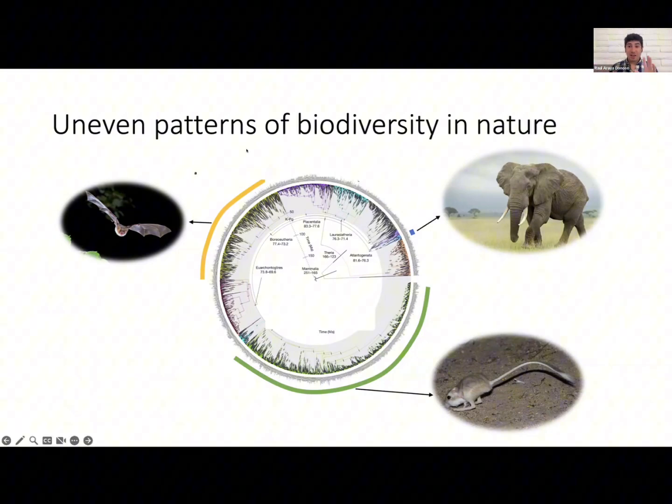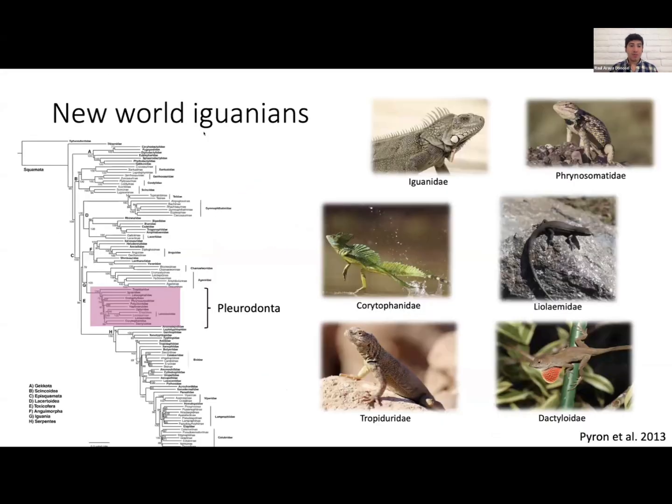I approach this kind of question and this kind of problem using lizards as a model. I focus on New World iguanians, or pleurodonts, which is just a small fraction of the biodiversity of reptiles. This tree shows the diversity of squamates, which includes lizards and snakes.